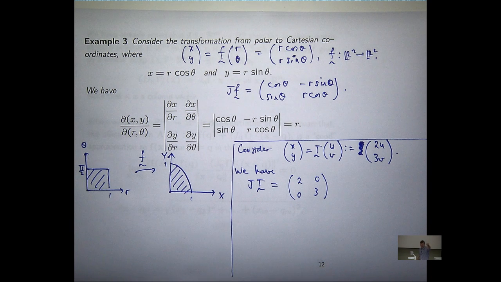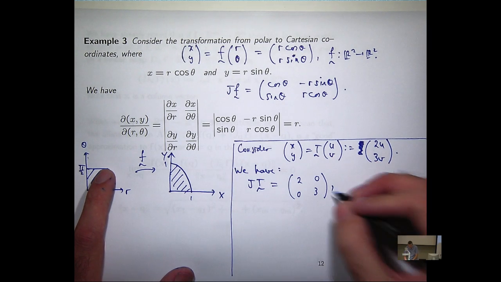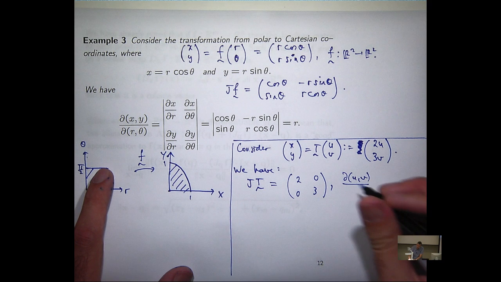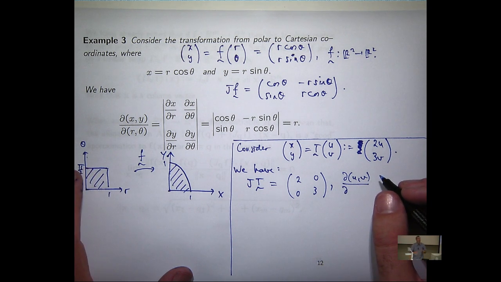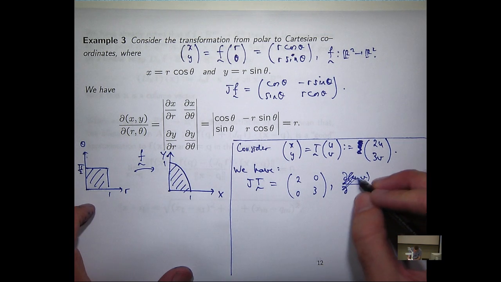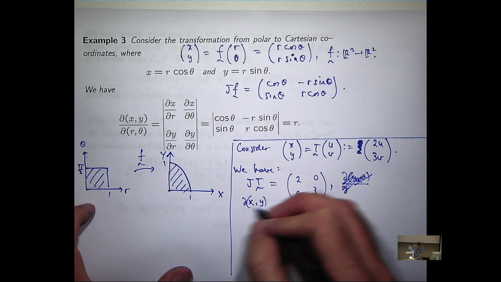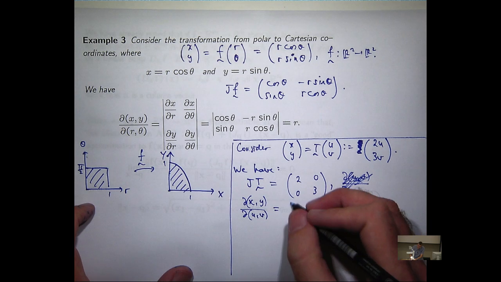Okay, pretty simple. And now, let's look at the determinant of this Jacobian. Okay, so the determinant's going to be 6.